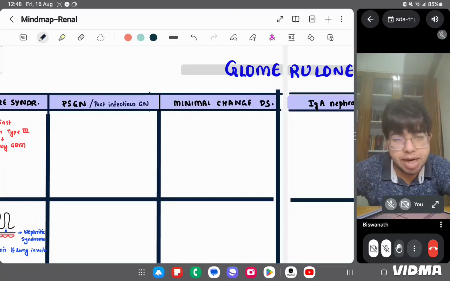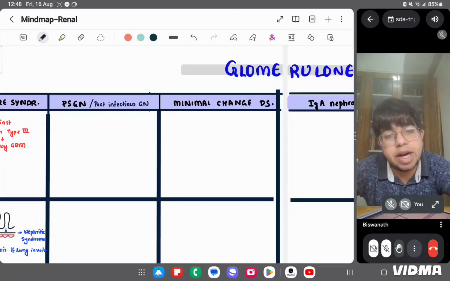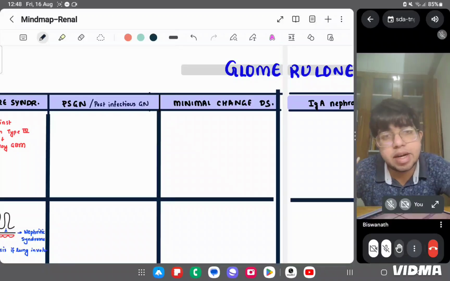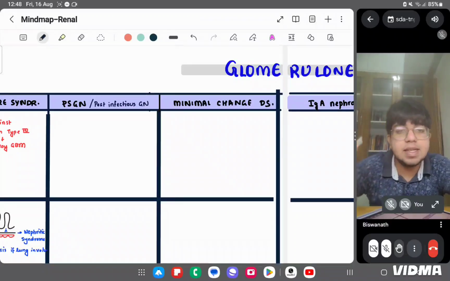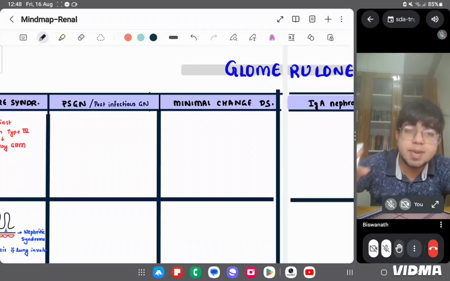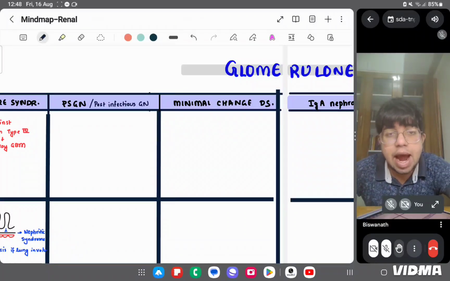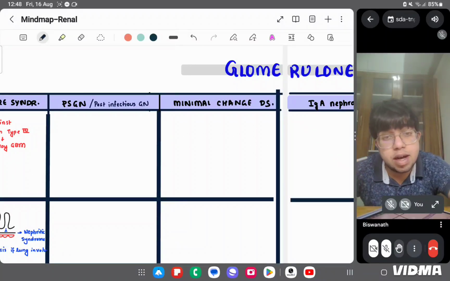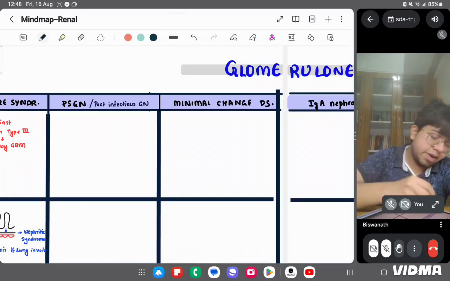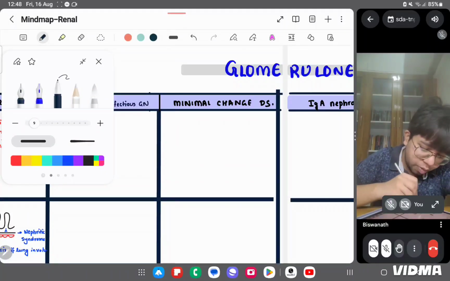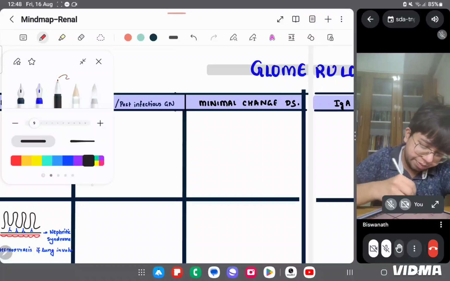Due to this, the antigens will be planted on the glomerulus, and there will be an immune response. This immune response will destroy the glomerulus fully, and the characteristic clinical feature is cola colored urine. Okay, cola colored urine. So post streptococcal glomerulonephritis. What is the etiology?